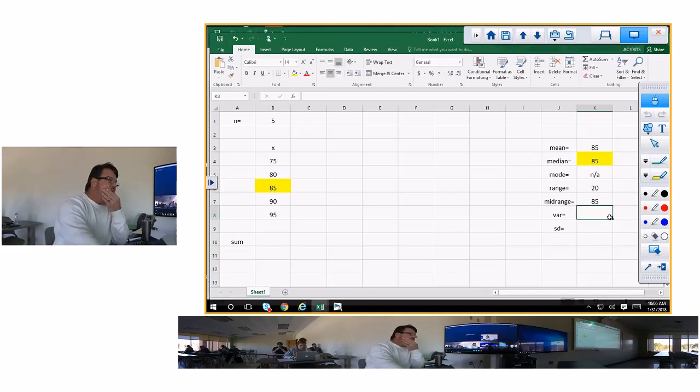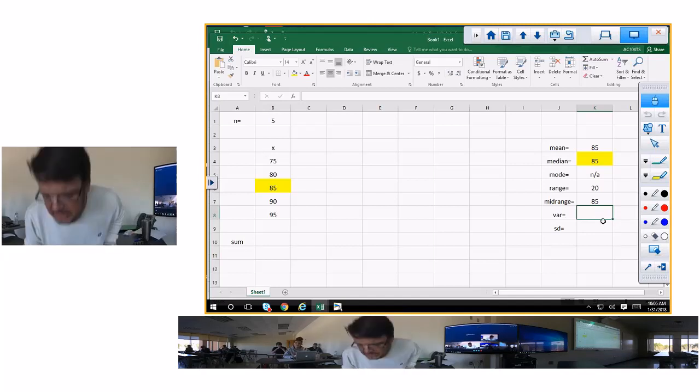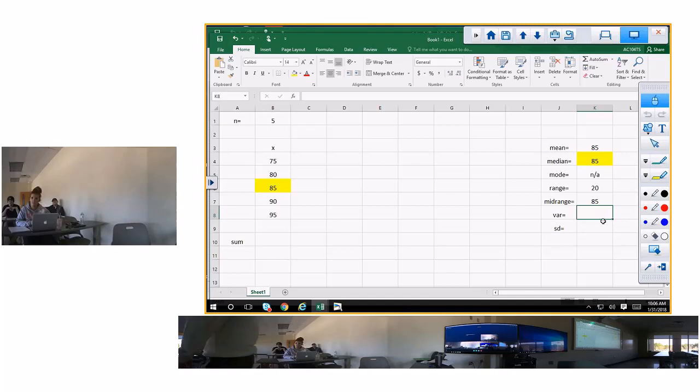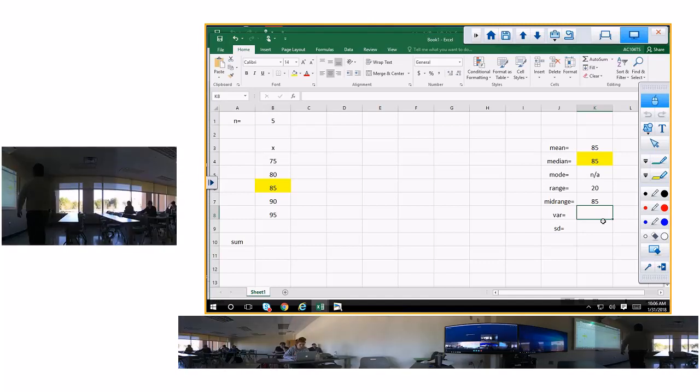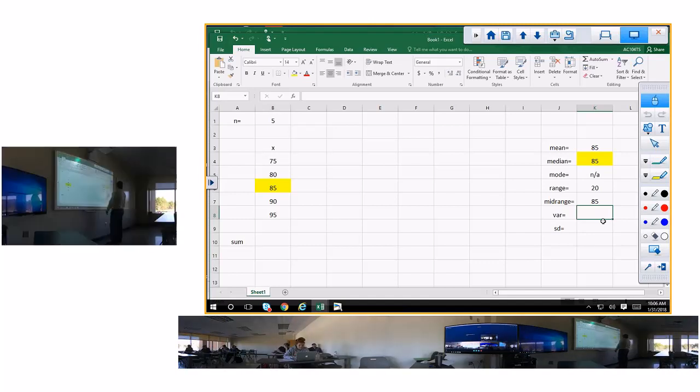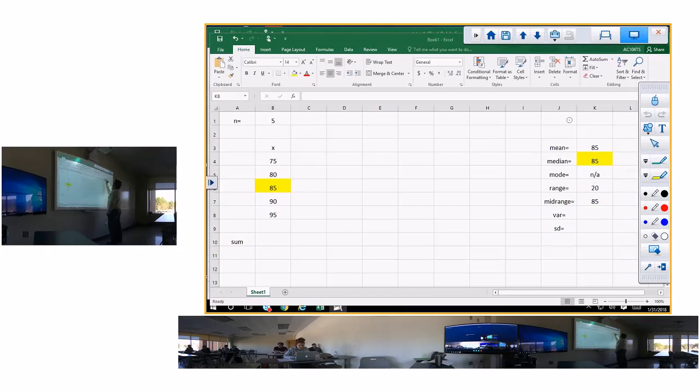Now, some of you may be saying, what the heck is he doing? What's Excel? Well, if you ever get a chance, take the class CPT 170. It's one of our staple classes at Tri-County Tech.